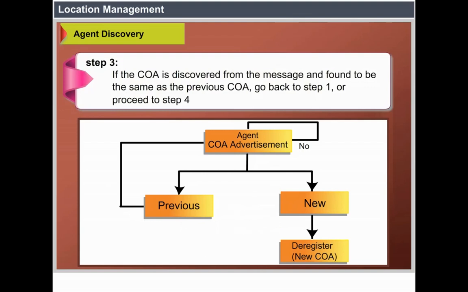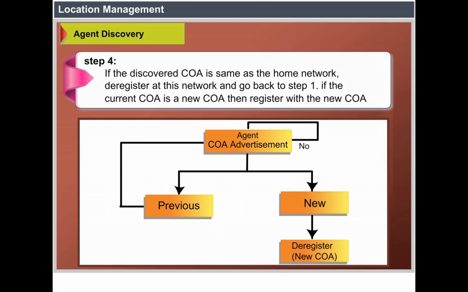Step 3: If the COA discovered from the message is found to be the same as the previous COA, go back to step 1. Else, proceed to step 4. If the discovered COA is the same as the home network, deregister at this network and go back to step 1. Else, if the current COA is a new COA, then register with the new COA.